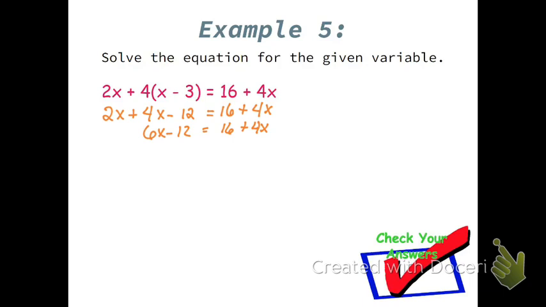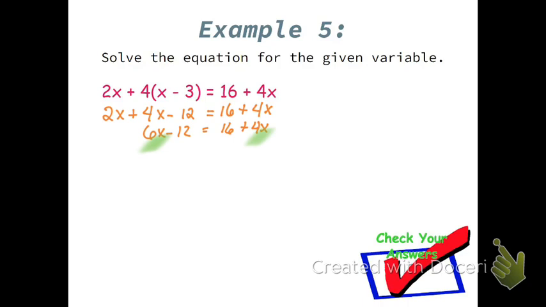Next, we can try to get all of the variable terms on one side only. And there are two choices. Right now you have 6x's on the left and 4x's on the right. You can either choose to move all of the x's to the left or all of the x's to the right. It doesn't really matter which one you choose.